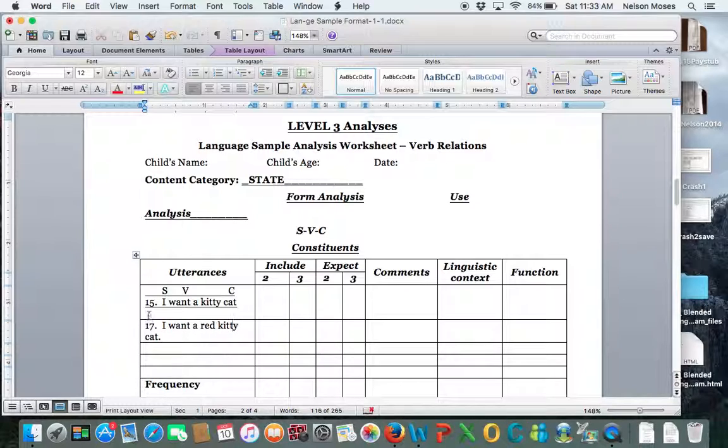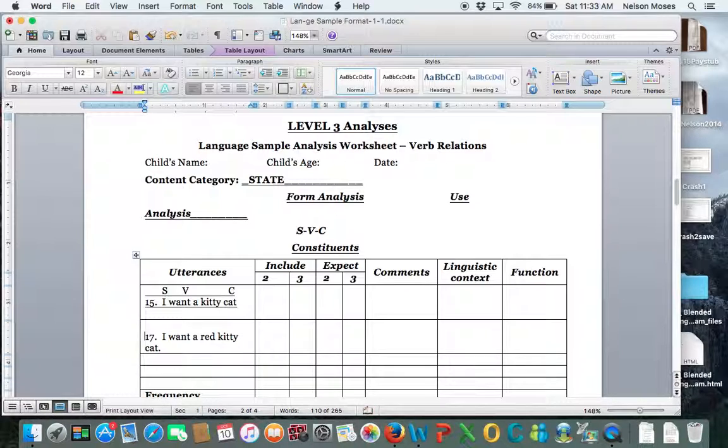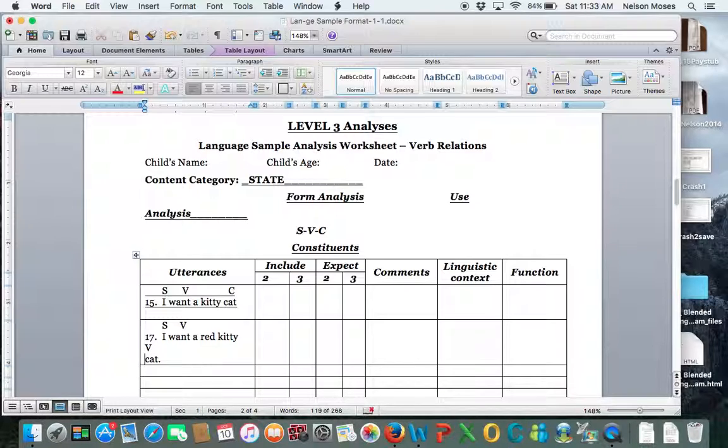Well, you have to start your thinking about this on your transcription sheet. But what you must do, before you answer the question, what is the verb relation content category, is go S, V, C. Sorry for that noise behind me. That was the wash, which is now done, as you hear.